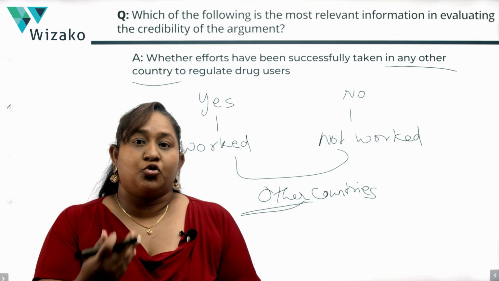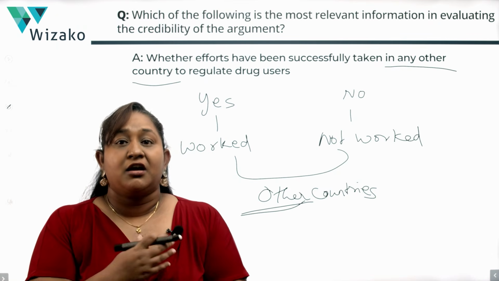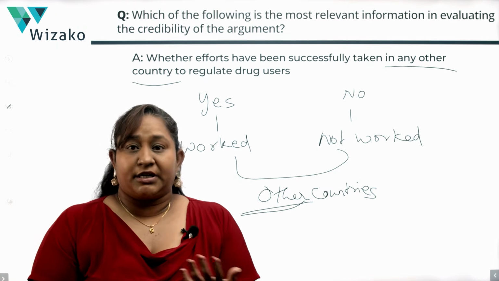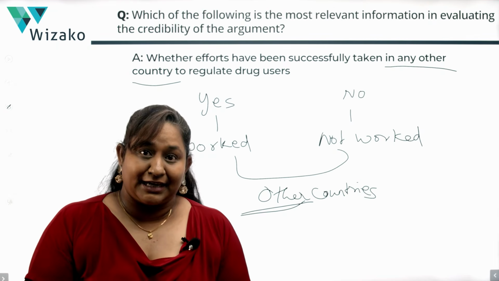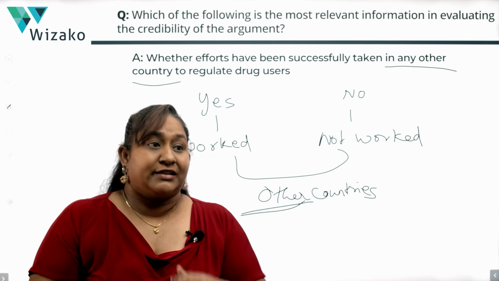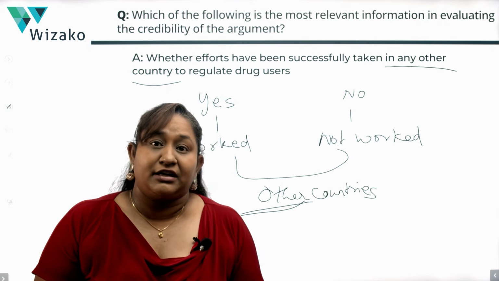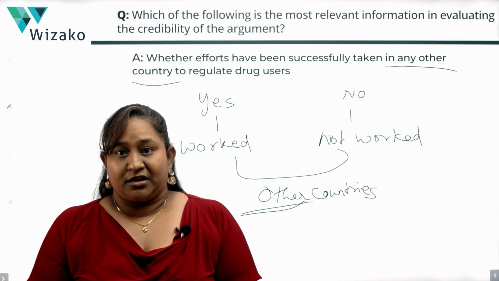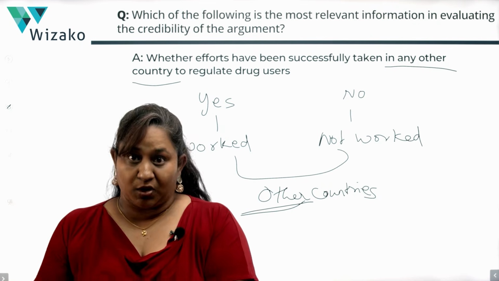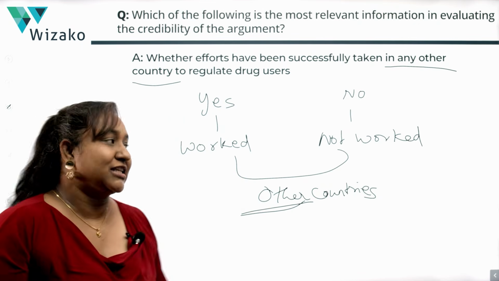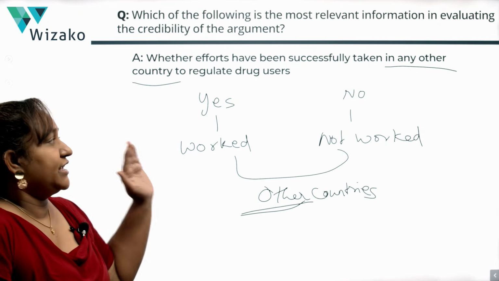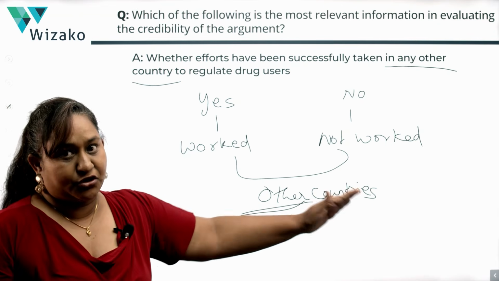Some countries have been more successful at managing the situation, and some countries have not been. So if you took one particular country as a case study, could we conclude that that will hold true for every single country in the world? Obviously we cannot. So when the discussion is about one country, this answer option that talks about other countries is irrelevant, irrespective of whether I answer a yes or a no.